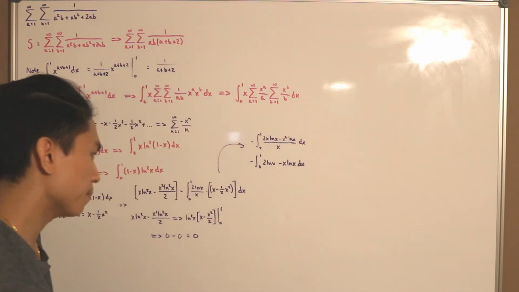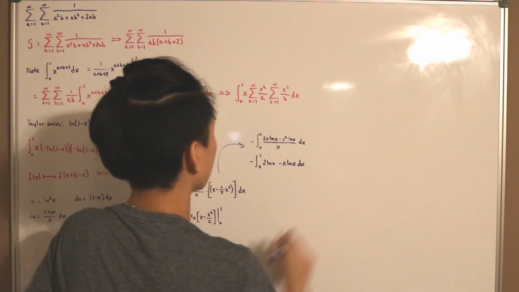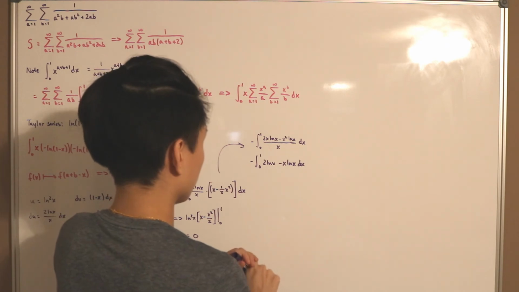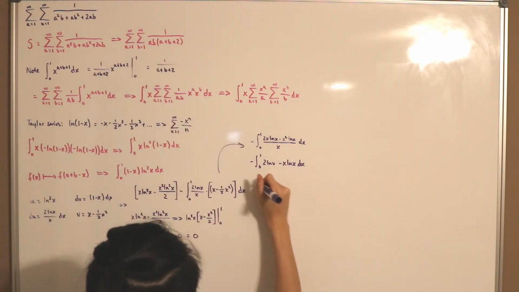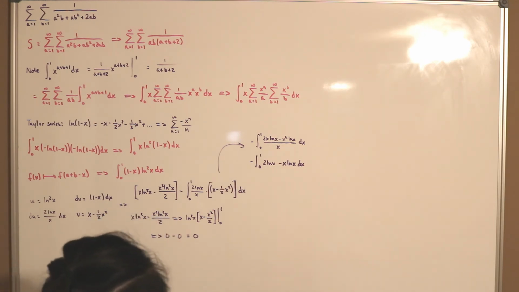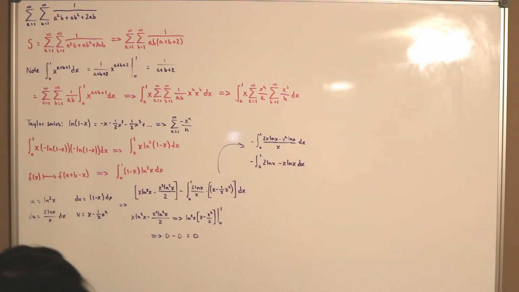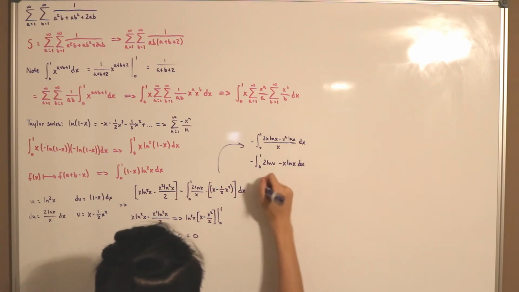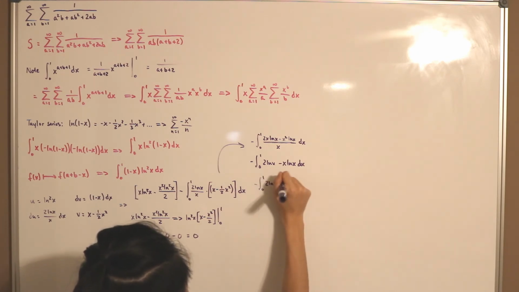And now by linearity, I can split the integral into 2. So this is negative integral from 0 to 1 of 2 ln of x dx.